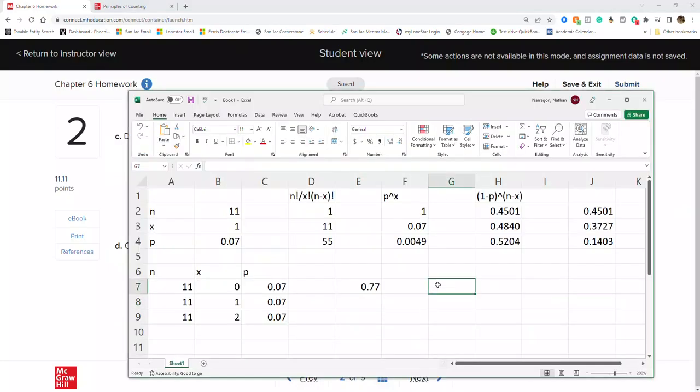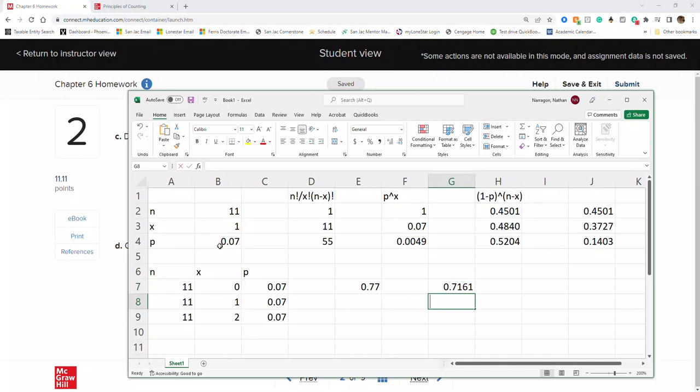So, here, we're going to equal, again, n, multiply by percent, and multiply in parentheses 1 minus the percent.